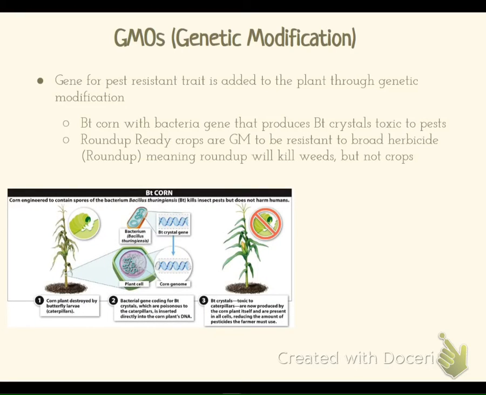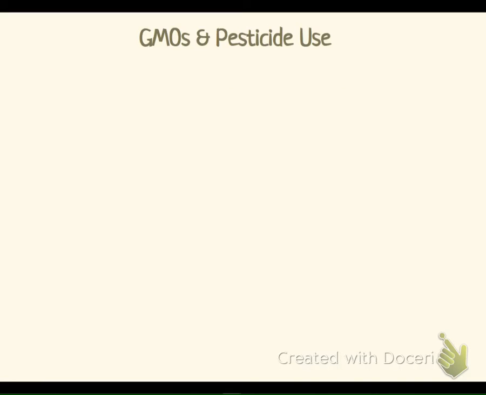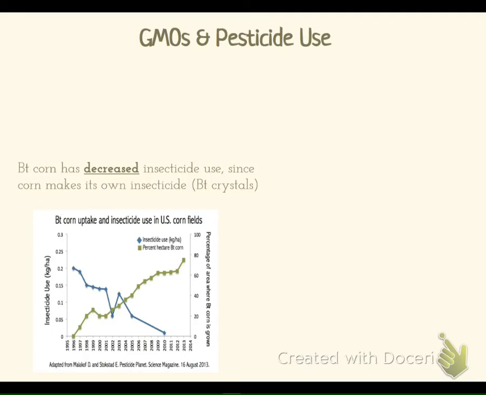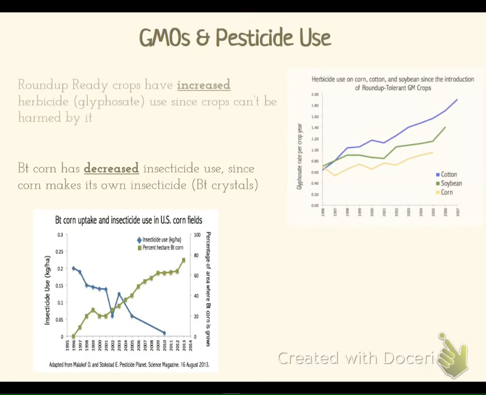And so what happens here is we add the gene, the things on here that want to eat it can't, because the gene is on there producing chemicals that the organisms can't handle. And therefore, the Bt corn survives. Now, what happens is Bt corn has decreased insecticide use, because the corn makes its own insecticide.